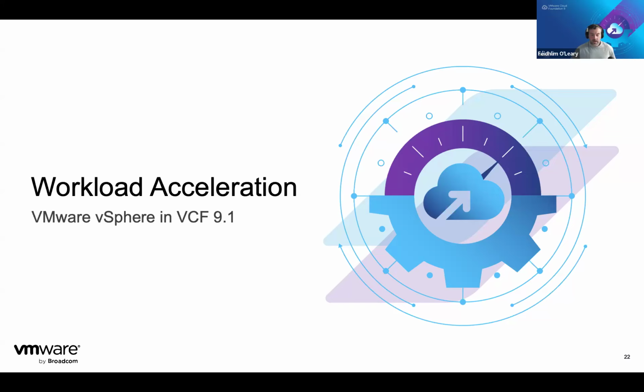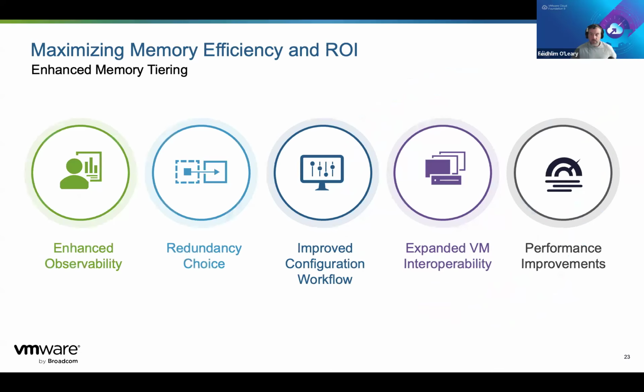Okay, so let's get to our last section, and we'll have a last demo here as well. So workload acceleration, excuse me, there's a lot of talk about memory tiering, right? Rampocalypse is a word I'm sure you've heard. The price of RAM, being able to do hardware refreshes and add additional compute, is something that a lot of customers are struggling with and may continue to struggle with.